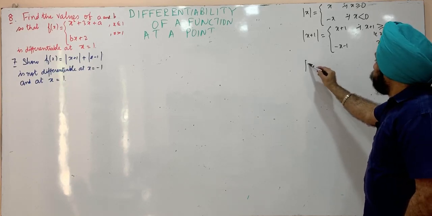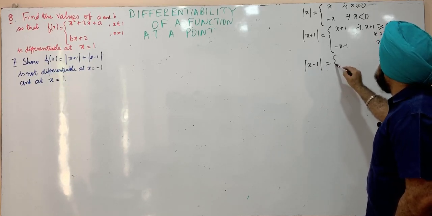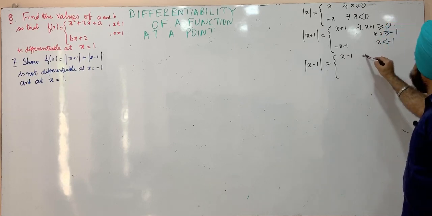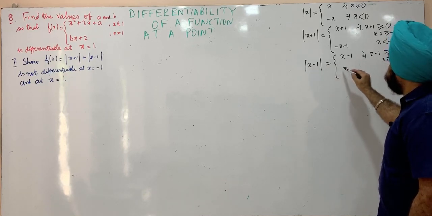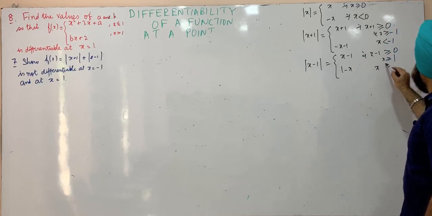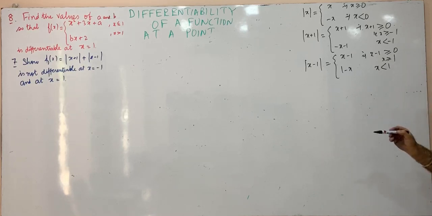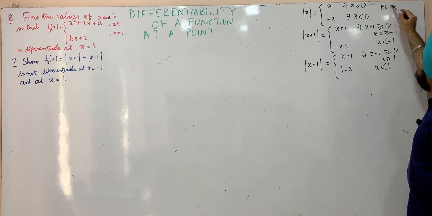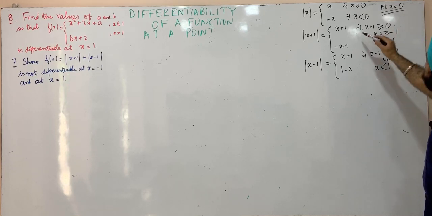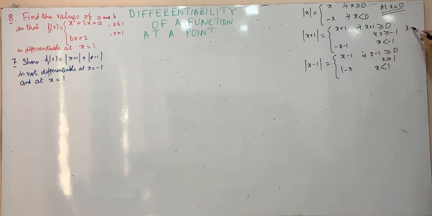And mod of x minus 1 is x minus 1 if x minus 1 is positive, that's x greater than or equal to 1, and the negative of this, 1 minus x, when x is less than 1. Mod of x has critical point at x equal to 0. Mod of x plus 1, critical point is x equal to minus 1. For this, the critical point is x equal to 1.